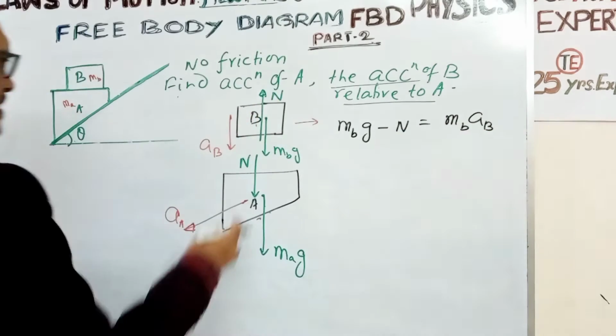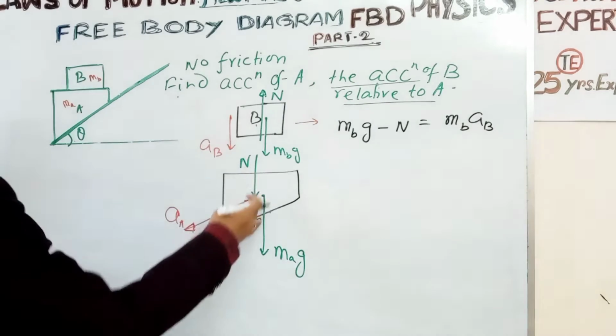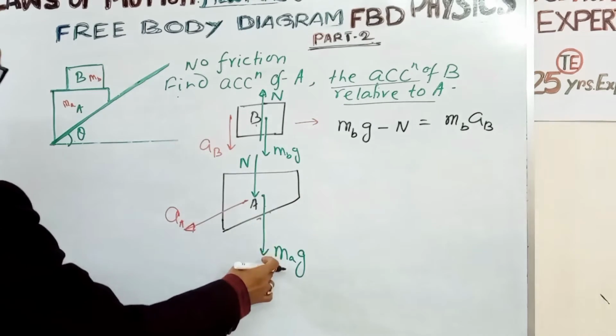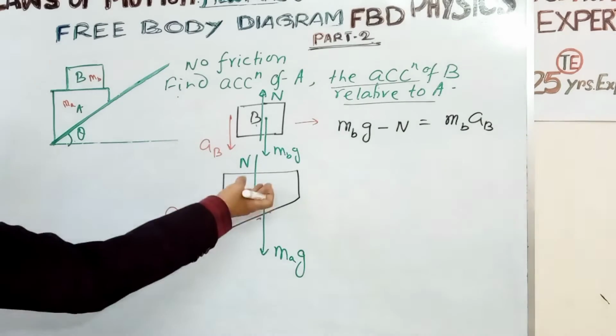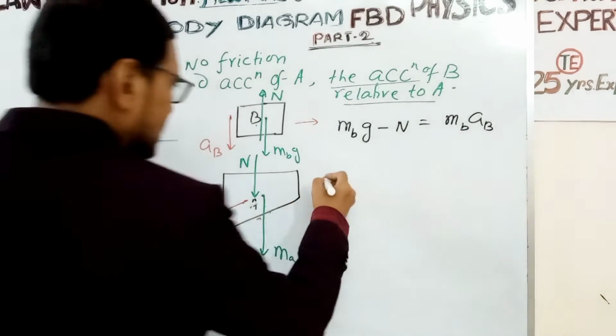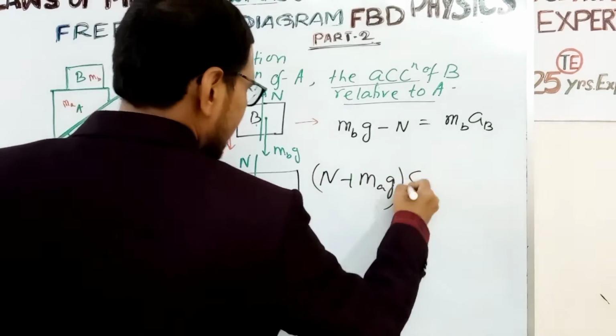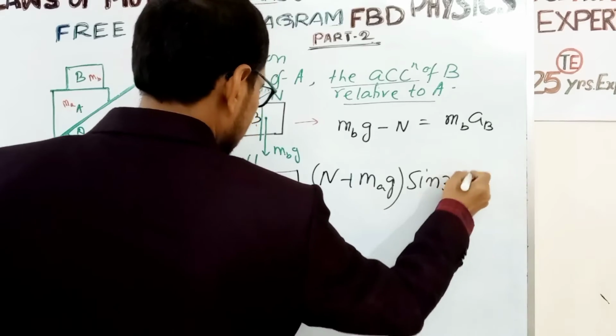This is the equation of motion of block B. And for block A, N and MAg act vertically downward, so the component of this and this along this direction is N plus MAg sin 30.